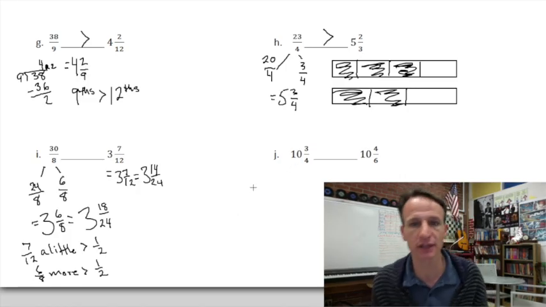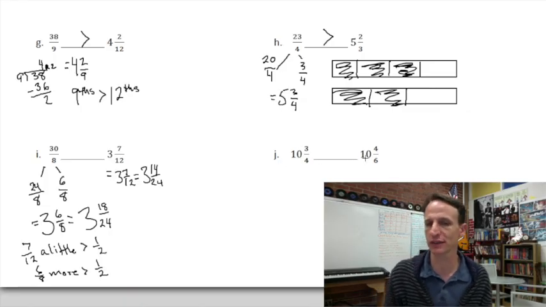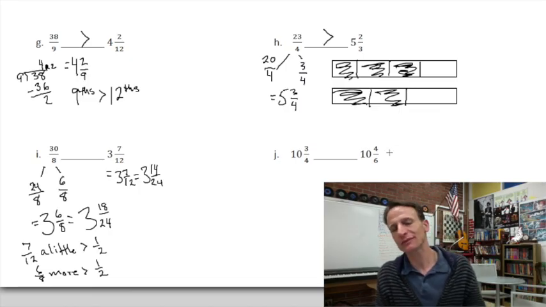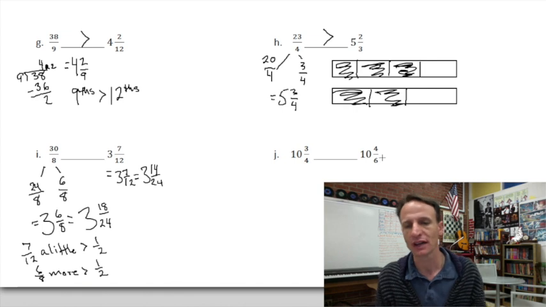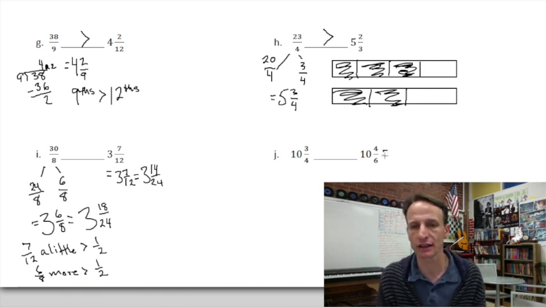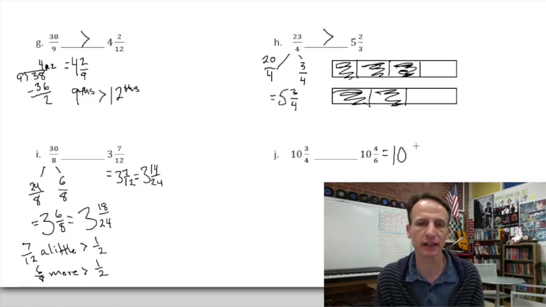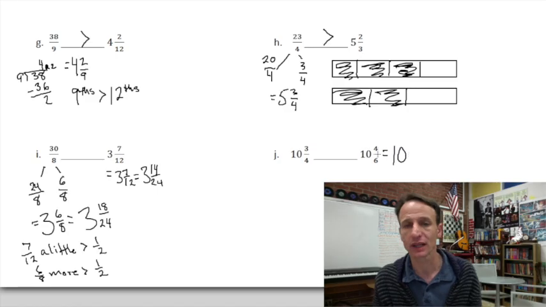All right, last one. Is your head spinning? All right, good. It's not just me. All right, so 10 3/4 compared to 10 4/6. There's a couple ways we could do this, and this is what I was hedging towards on this last one. I noticed that I can do something with that 4/6. I can divide it by 2/2, right? So 4 divided by 2 is 2, and 6 divided by 2 is 3.